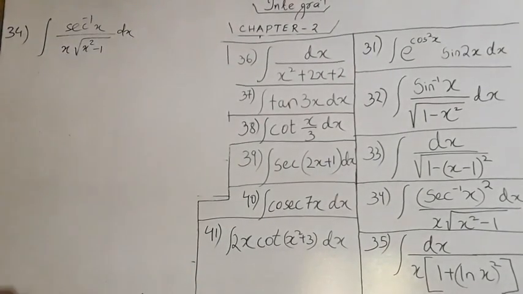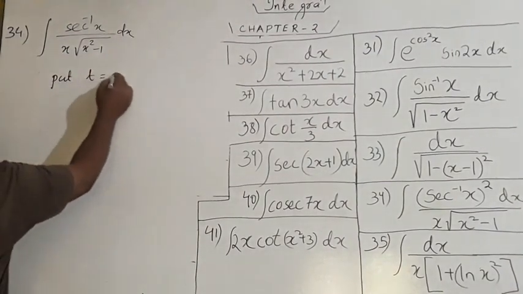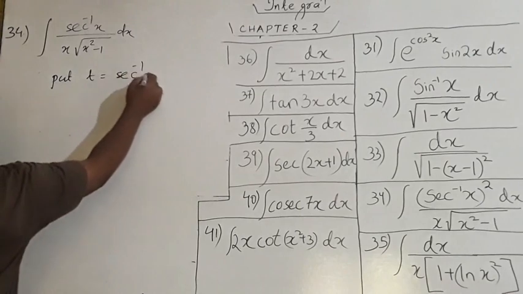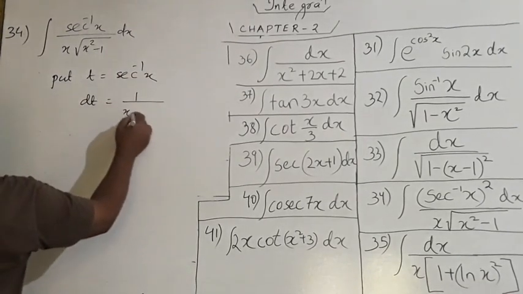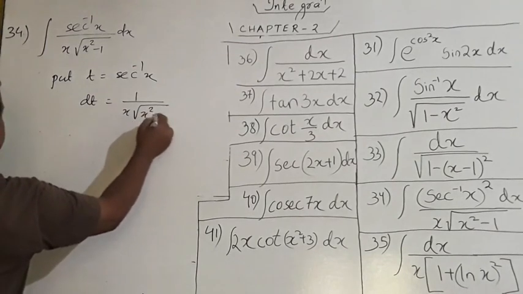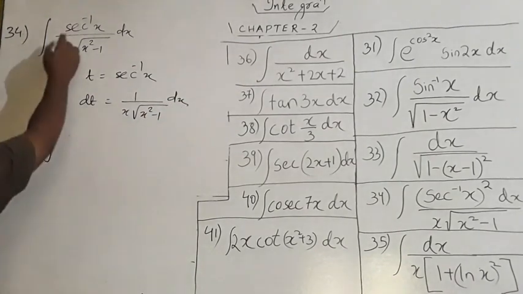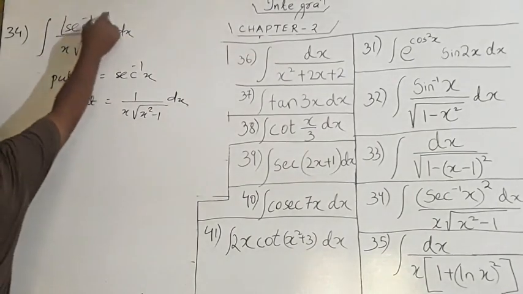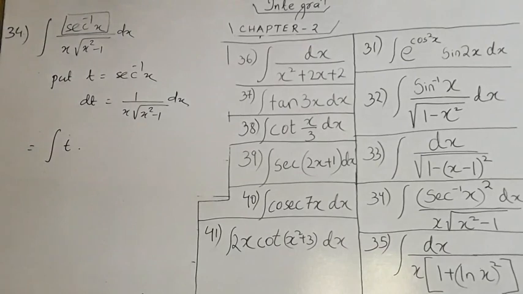Now in this problem, it is very clear to you that the derivative of sec inverse x is 1 by x root of x square minus 1 dx. So what you will do? In place of sec inverse x, you have to put t.